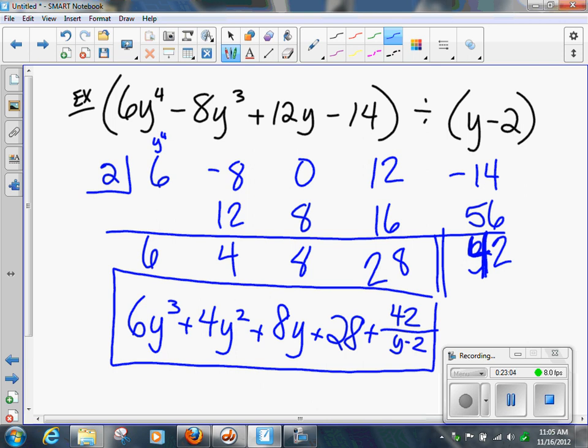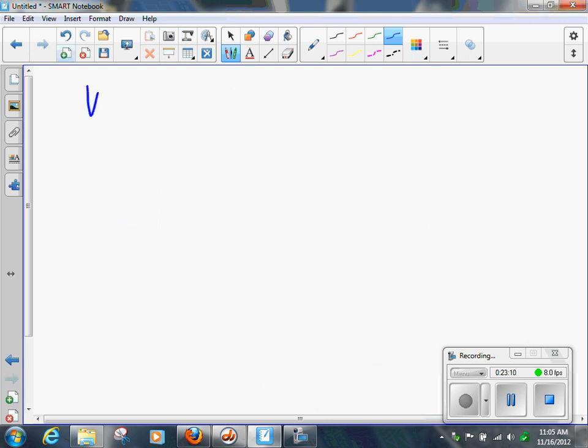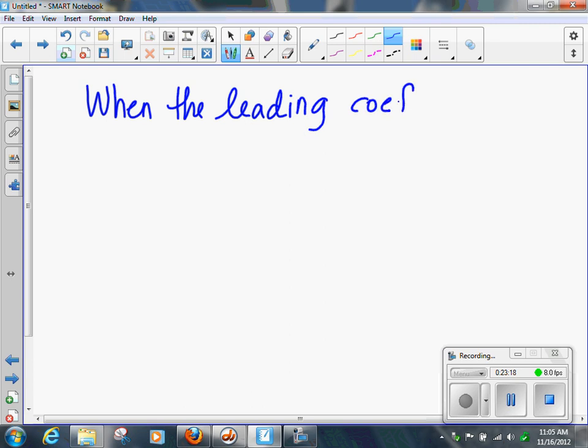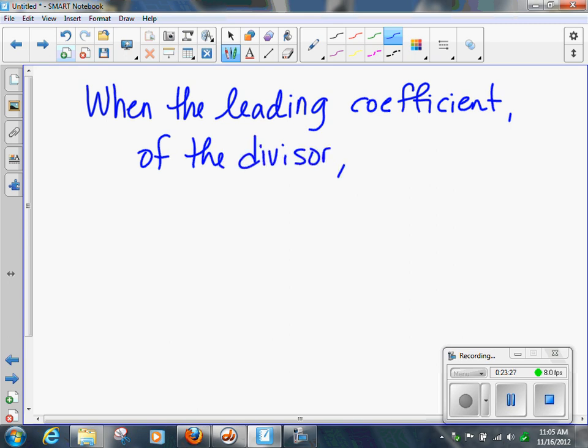The leading coefficient every single time has been 1. So what happens when the leading coefficient of the divisor is not 1?